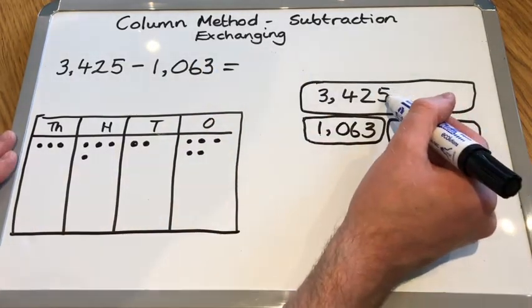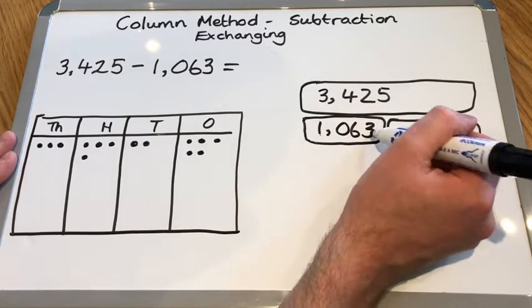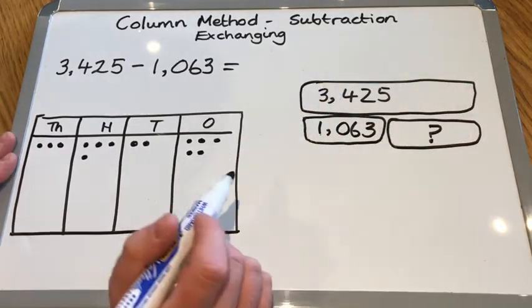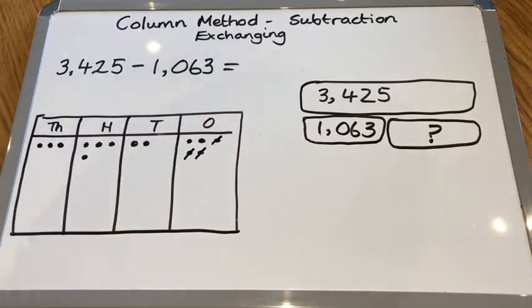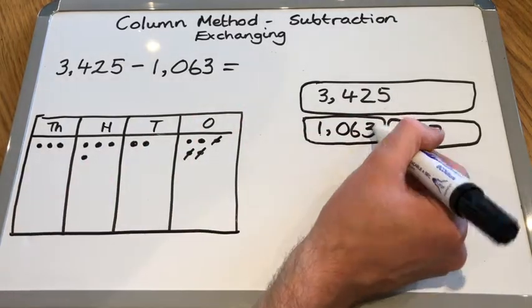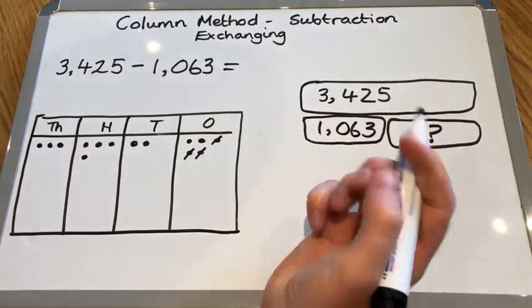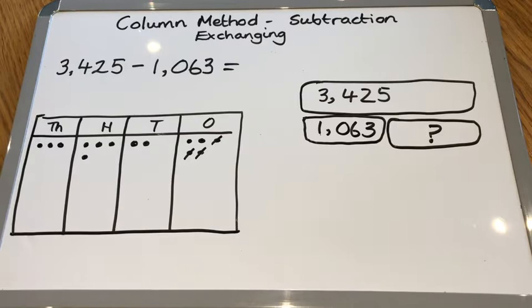So we have 5 ones or units, and we need to subtract 3 of them. Nice and simple. That's something that happens in our head straight away. Now notice I've crossed off the 3 units to take away, to pull out. That's so that we can see what was there originally. If I don't do that, I may get myself confused about what I've done, what I've completed already.